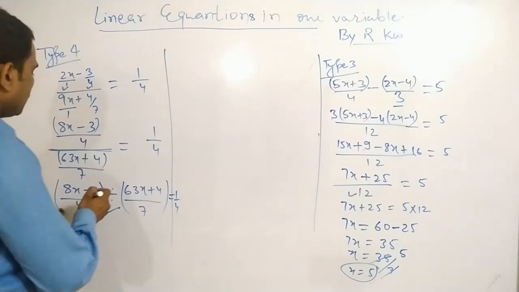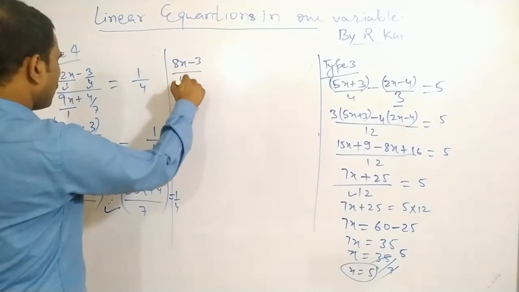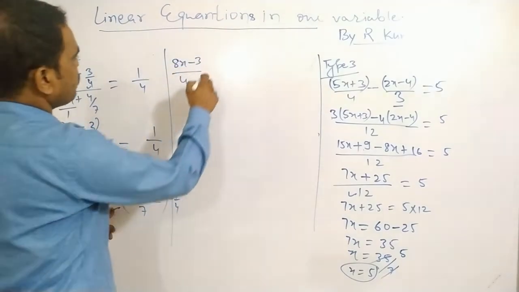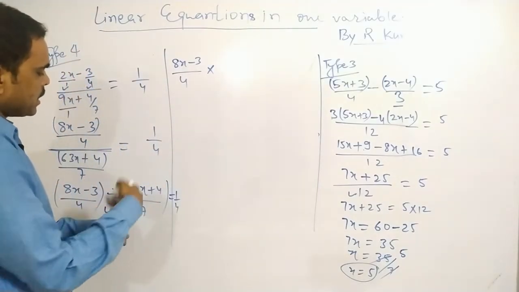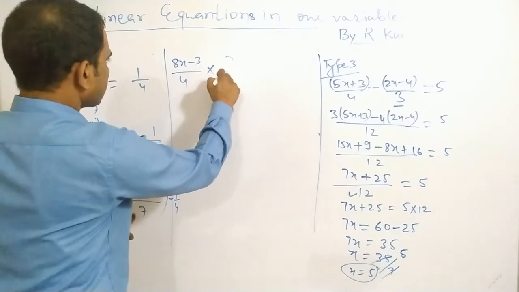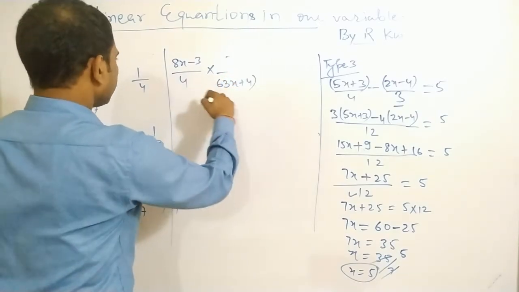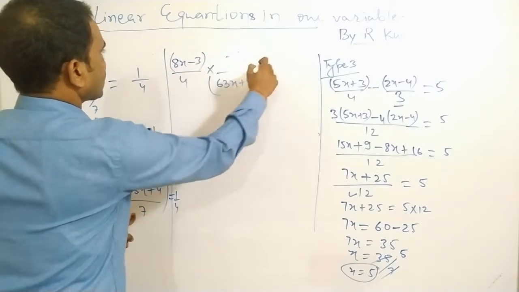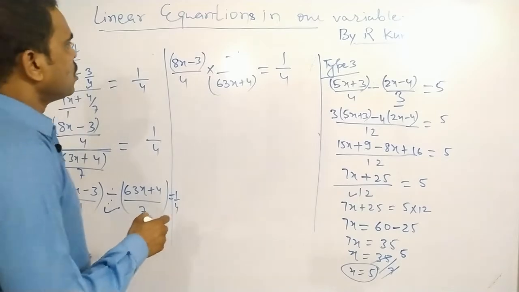Okay, so now 8x minus 3 is there by 4, and this division sign will be changed to product, and after this whatever is there you will write the reciprocal of it, meaning 7 by 63x plus 4. Keep it inside the bracket, and it will be now 1 by 4 as it was earlier.